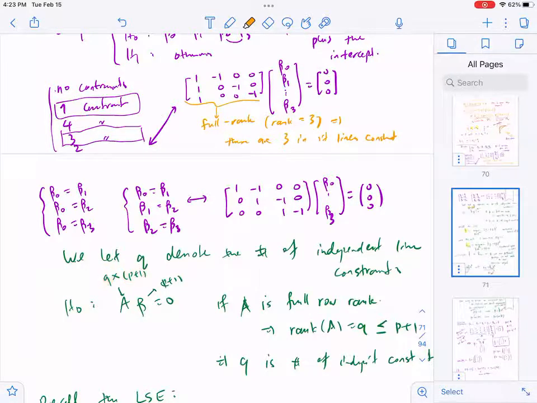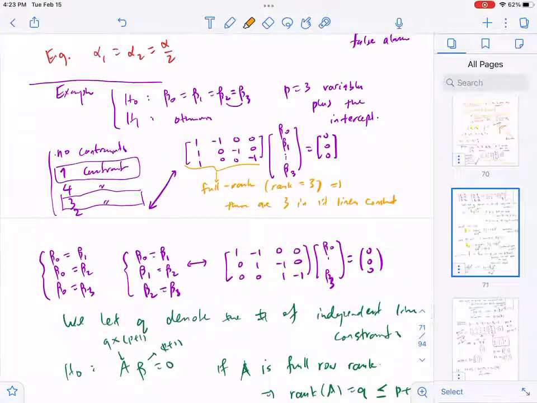And I could add more restrictions, but if I want linearly independent restrictions, the number is the same, no matter how you write this A. So for example, these are two different representations, and you can see the number of independent rows is 3. So there are 3 independent linear constraints here, and that's key.